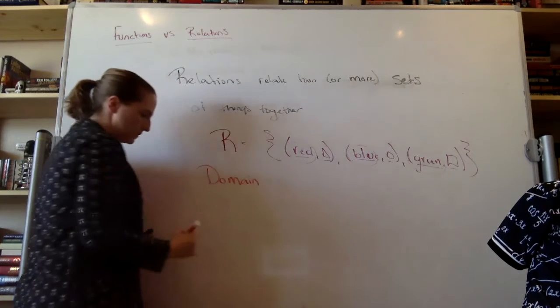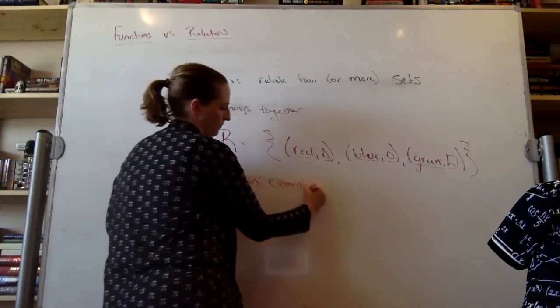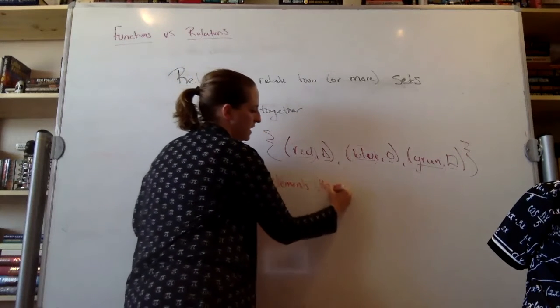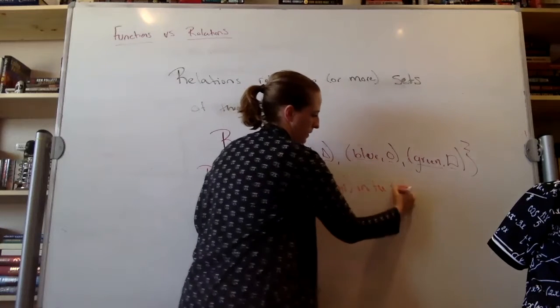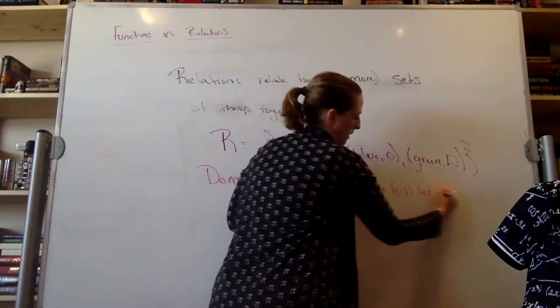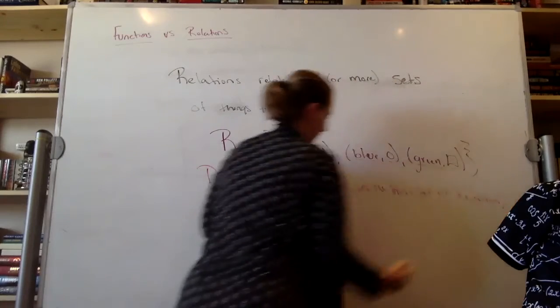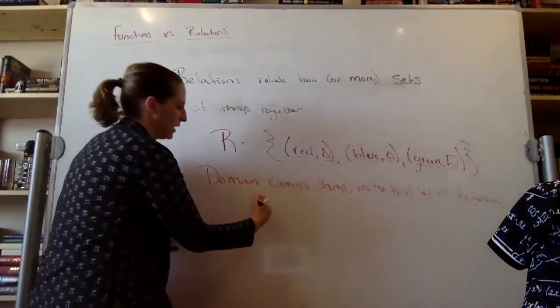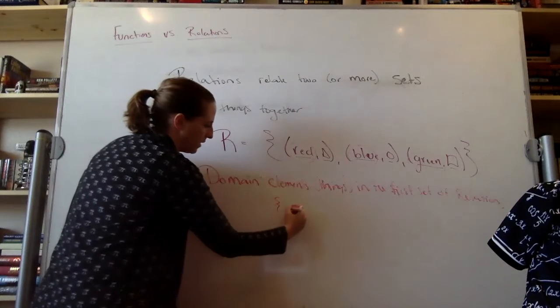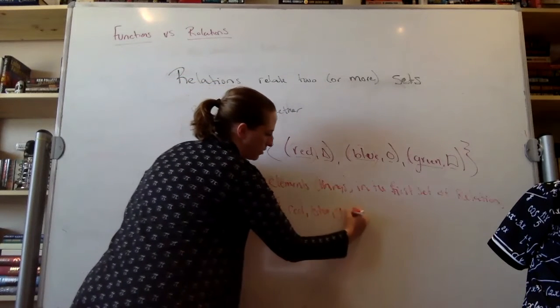So at its most basic, domain are elements or things in the first set of a relation. So in this case, our domain would consist of the elements red, blue, and green.